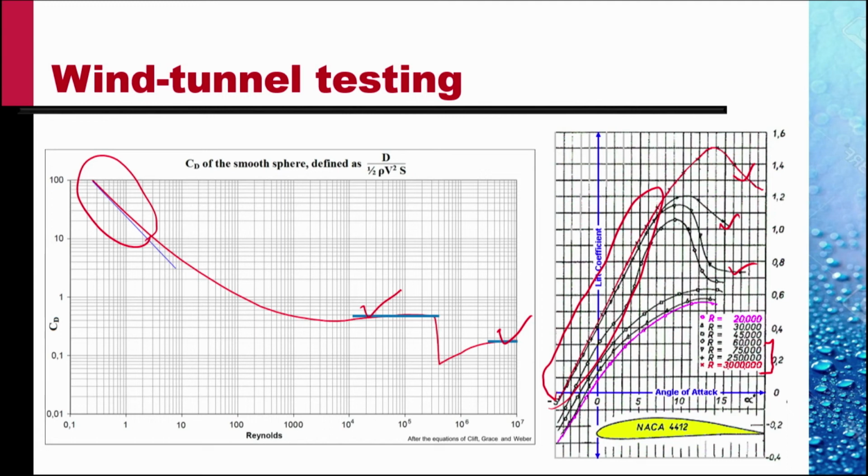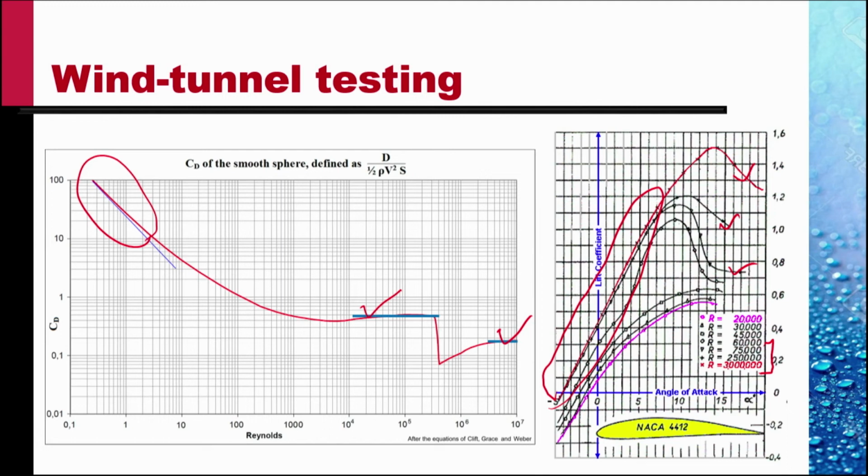So that simplifies the testing of models in wind tunnel. For large enough Reynolds number, we don't worry about Reynolds number at all. We neglect the viscous loss.